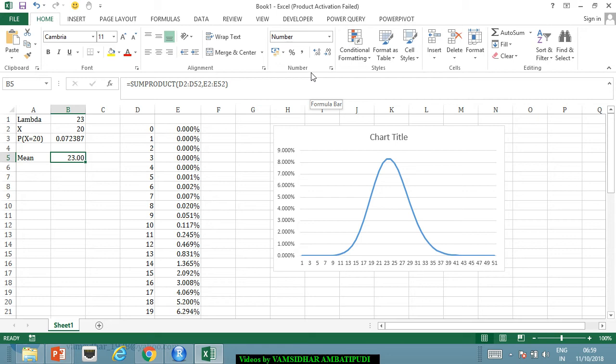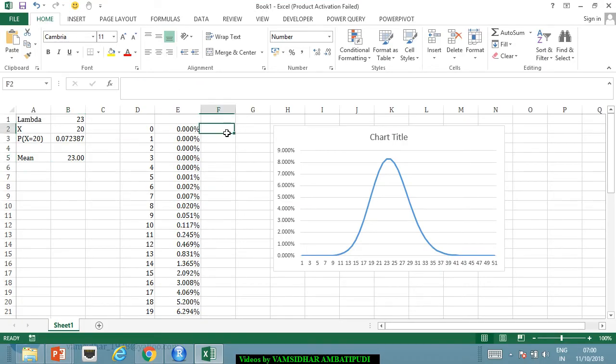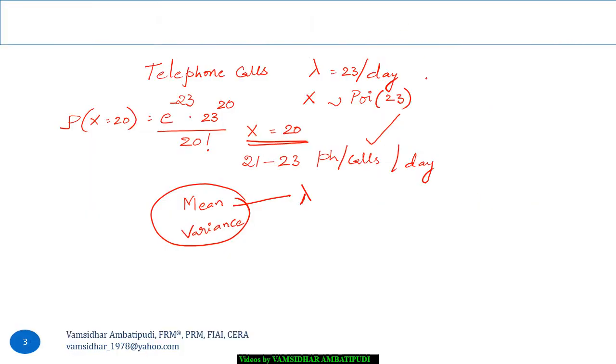So if I talk about a Poisson distribution, the general way to remember is that the mean is nothing but lambda. Lambda itself is the mean. In the same way, if I want to find the variance, as with any data distribution, variance is the expected value of x squared minus the expected value of x, whole squared.